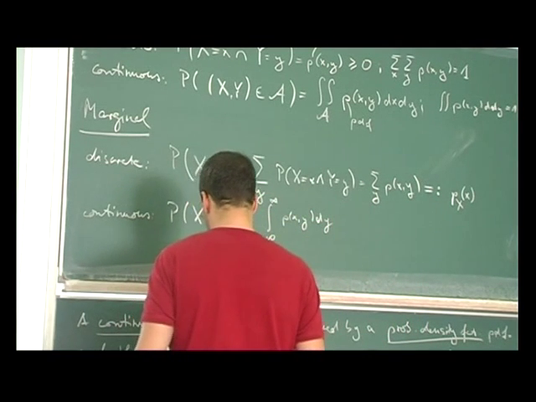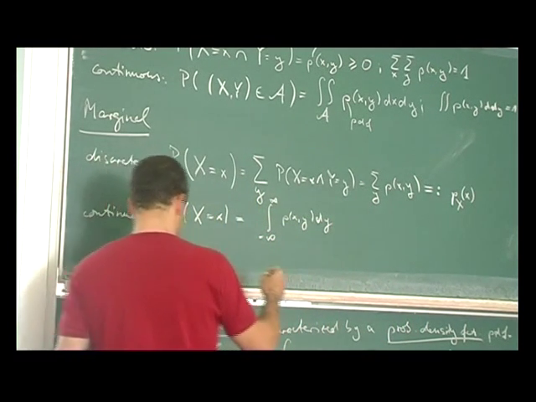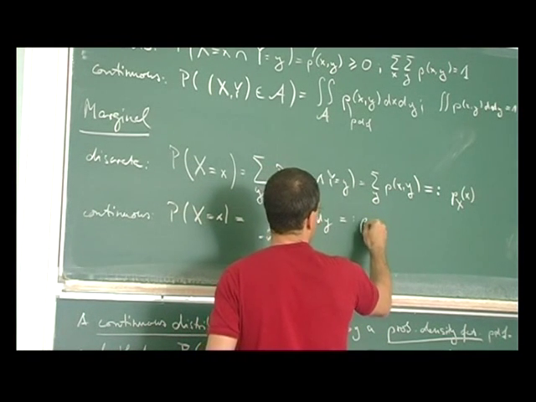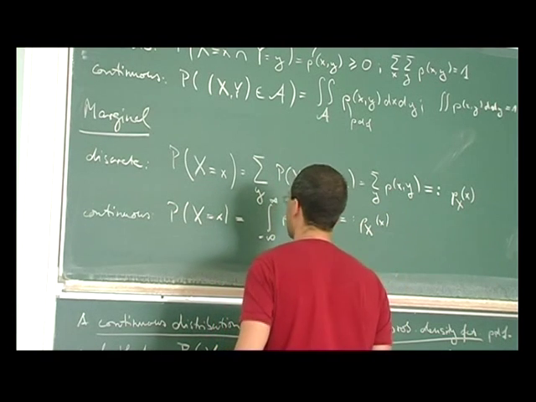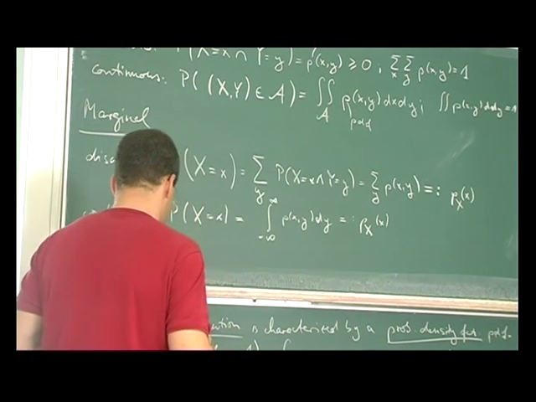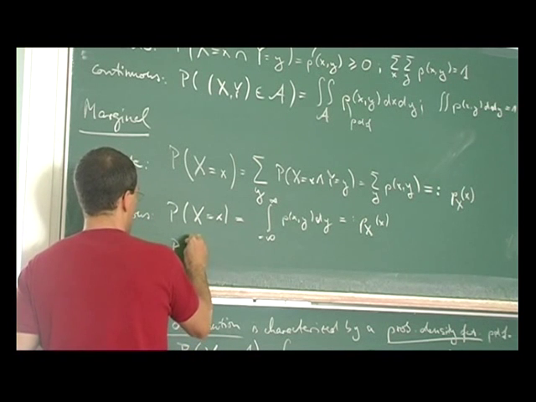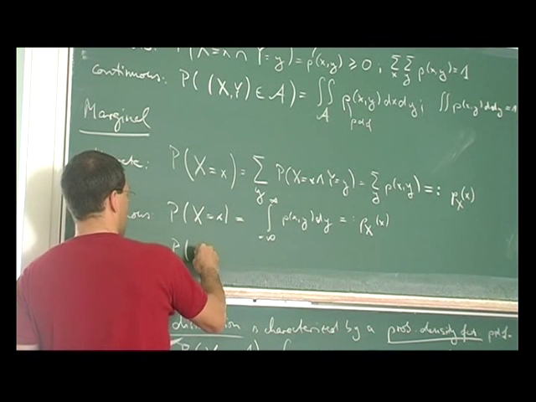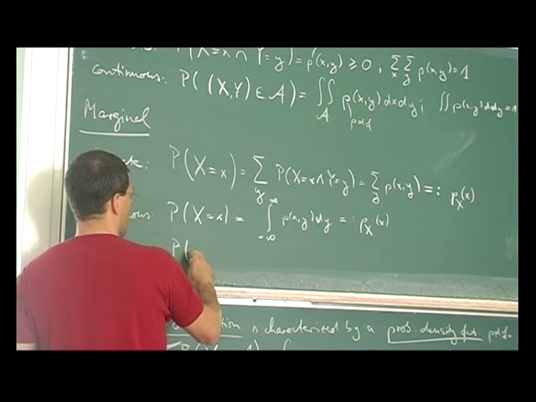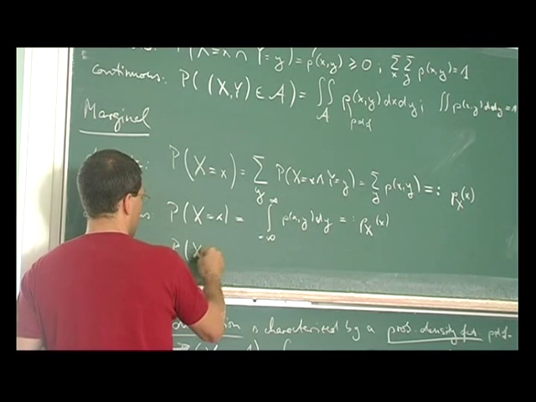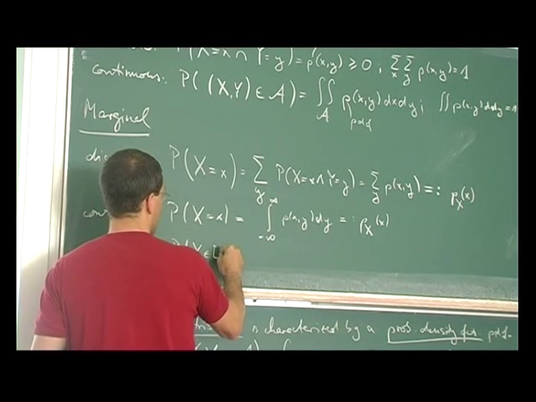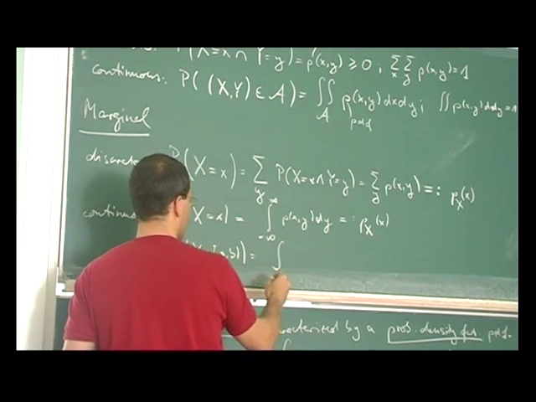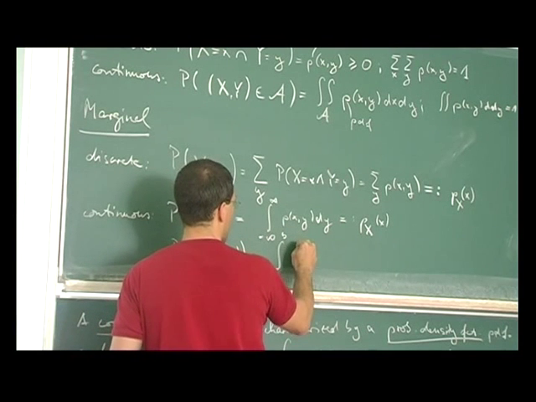Again, in the shorthand notation, this looks the same. And the probability that x lies in some interval is then given by the integral over this interval.